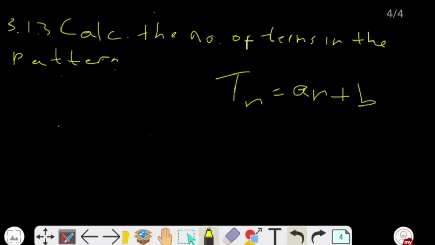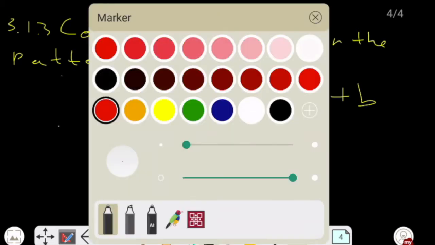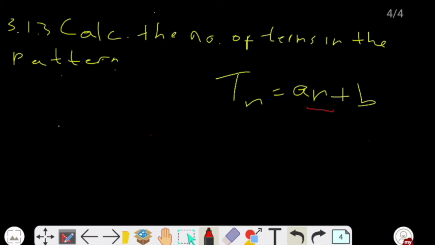They are asking us to find the number of terms, which is n. But for us to find the number of terms, what do we need? We need the value for b. Now how do we get the value for b?